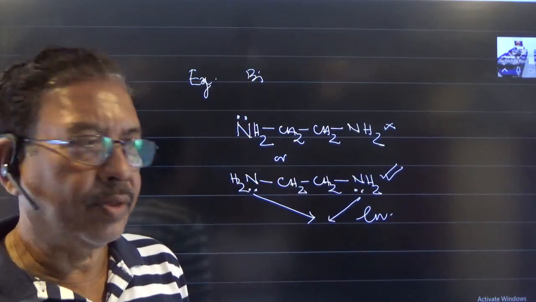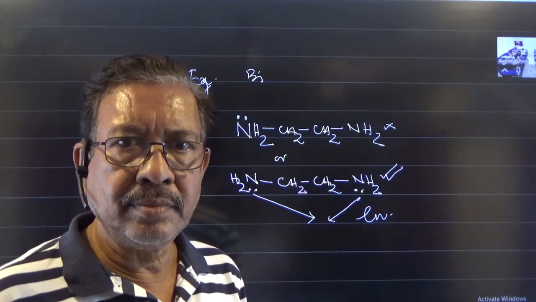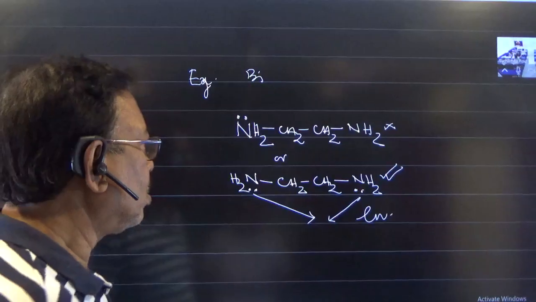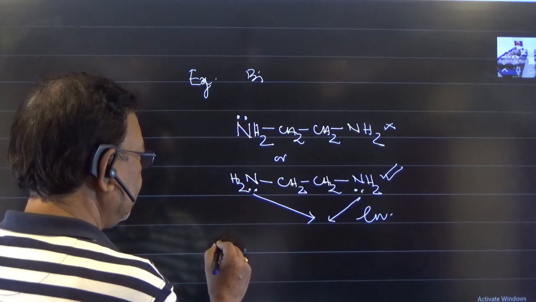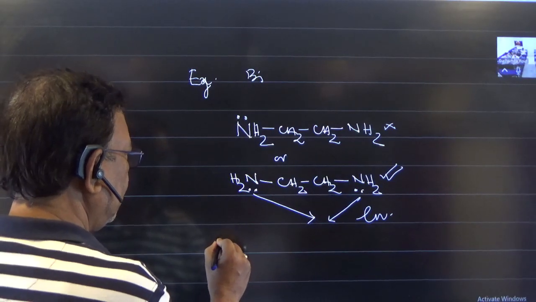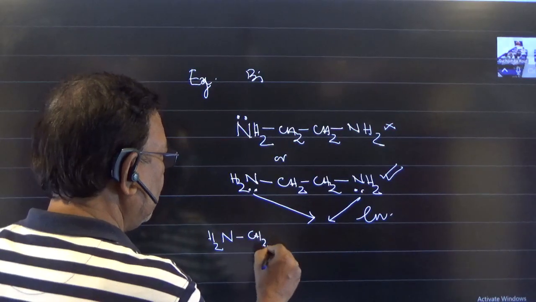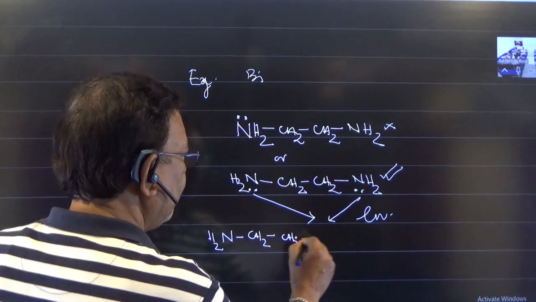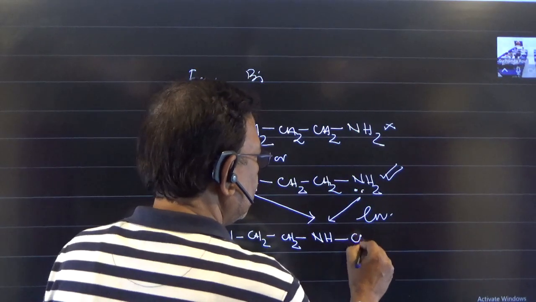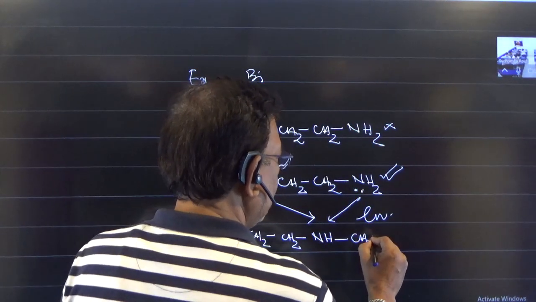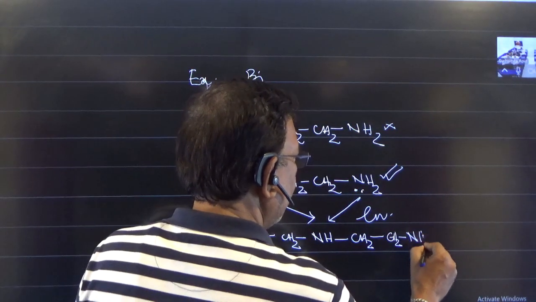Similarly, tridentate ligand, that is diethylene triamine. So here NH2, CH2, CH2, NH, CH2, CH2, NH2.